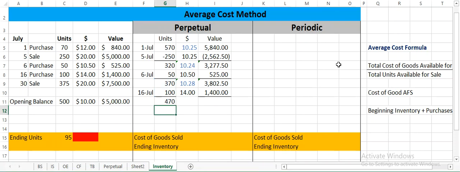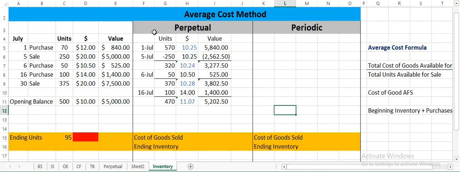It is now 470 units, 370 plus 100. And the value of that is now $5,202.50. If we calculate our average cost again, the value divided by the units, we get $11.07 as the average cost as of the 16th.